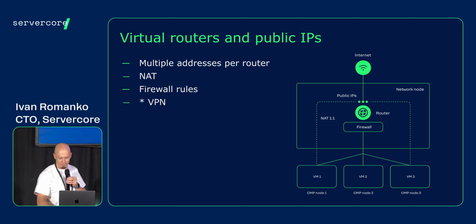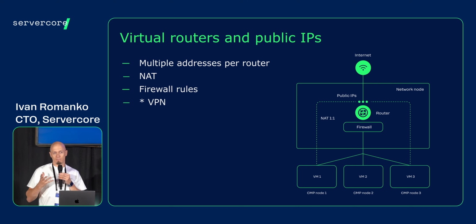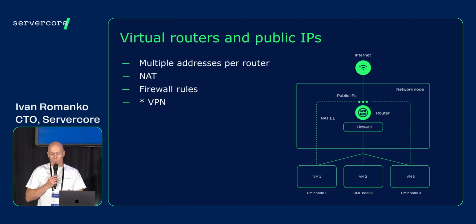It is pictured here in the middle. A virtual router is basically a programmatic approach to mimic behavior of a physical router. And in our cloud, we use OpenStack Neutron for virtualizing this networking function.